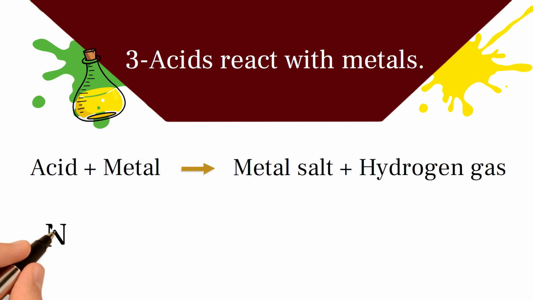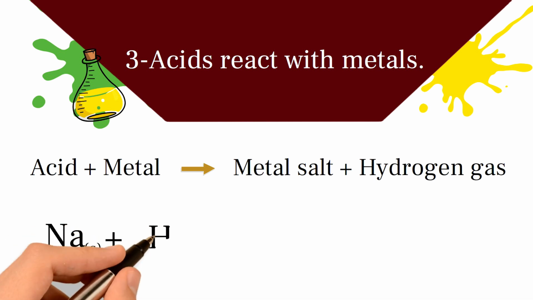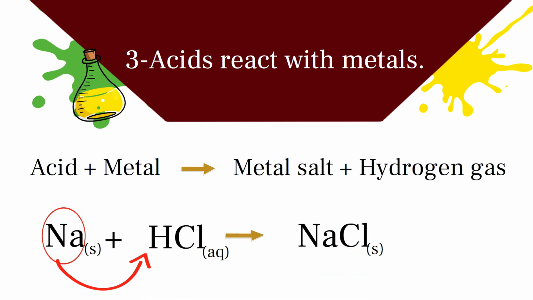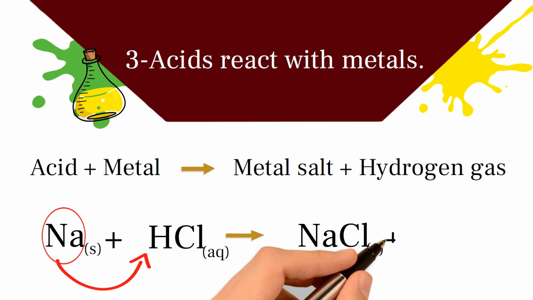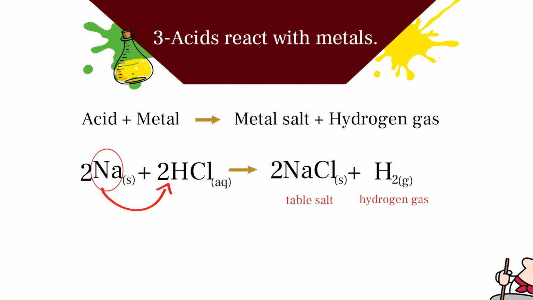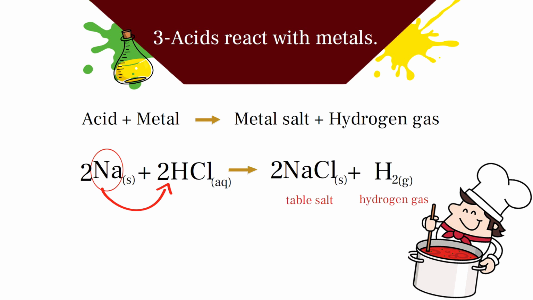For example, when sodium reacts with hydrochloric acid, the sodium element replaces the hydrogen contained in the acid, producing sodium chloride, which is table salt, and hydrogen gas. Therefore, it's not recommended to cook food containing acids in aluminum containers, in order not to react with the acids contained in the food.